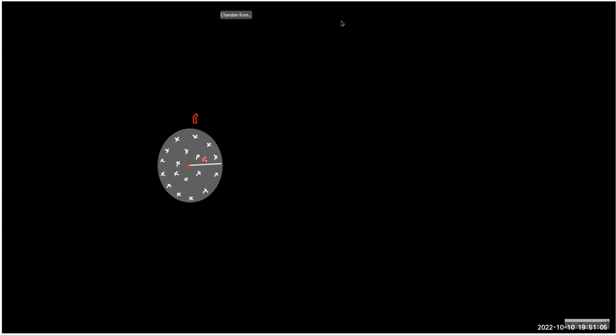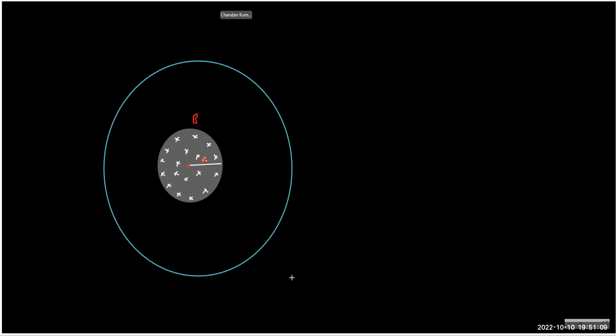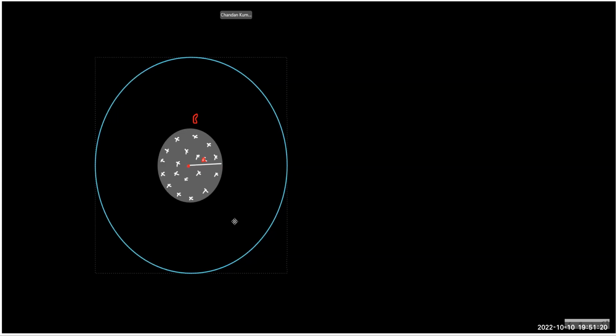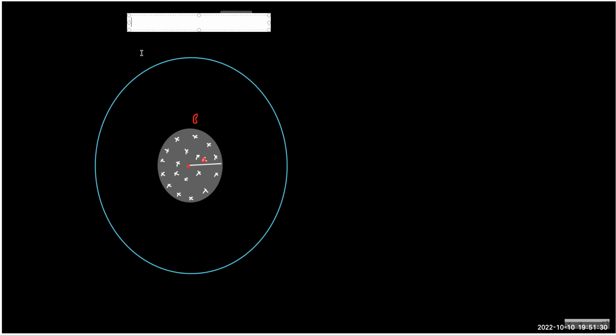What we have is an insulating ring. Imagine this ring is kept on a table and there is a hole in the table through which I have a solenoid. And what you're looking at is the top view.